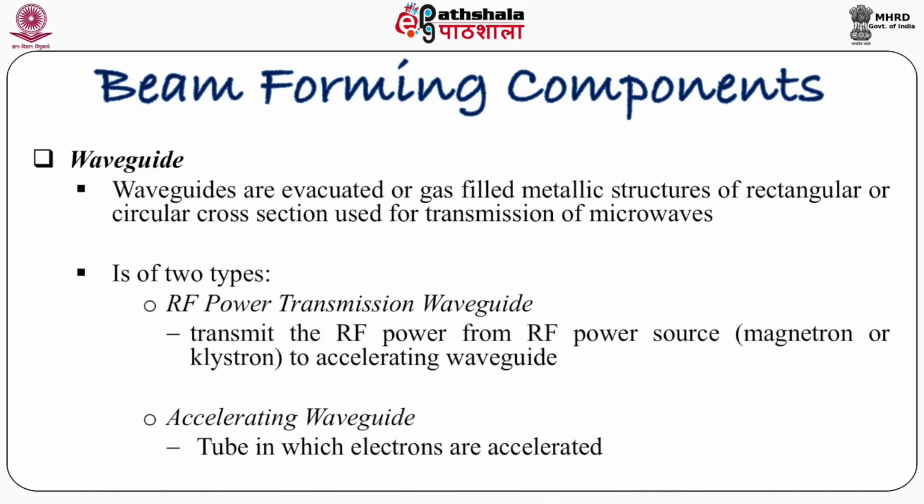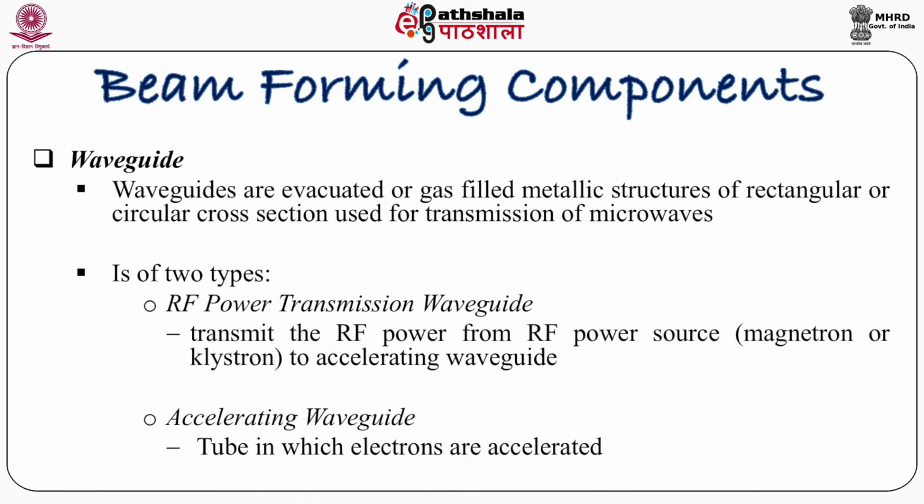Waveguide. Waveguides are evacuated or gas-filled metallic structures of rectangular or circular cross-section used for transmission of microwaves. Waveguide is again of two types: the RF power transmission waveguide, which transmits the RF power from the RF power source, magnetron or klystron, to the accelerating waveguide. The accelerating waveguide is a tube in which electrons are accelerated.